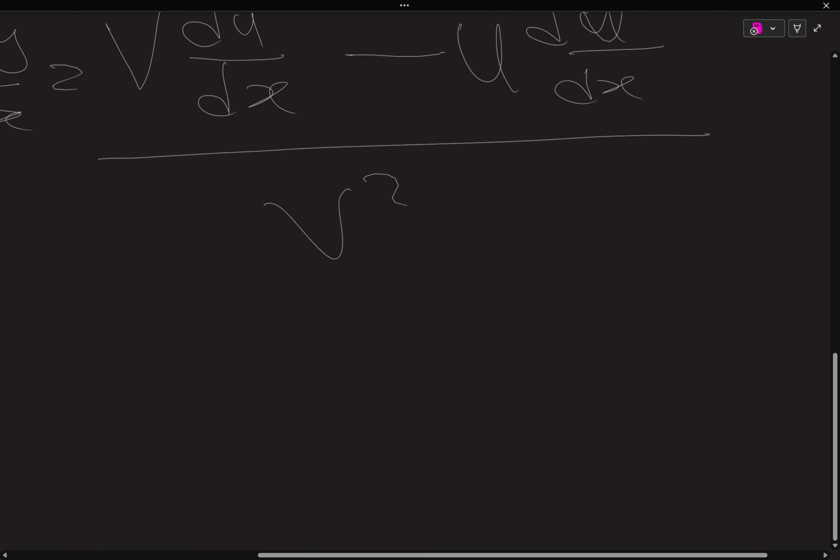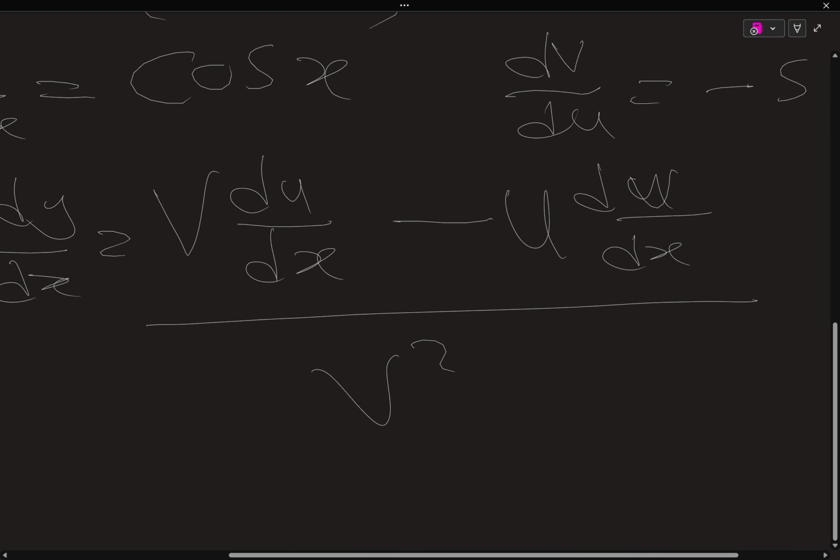So let's put in our work in this formula.